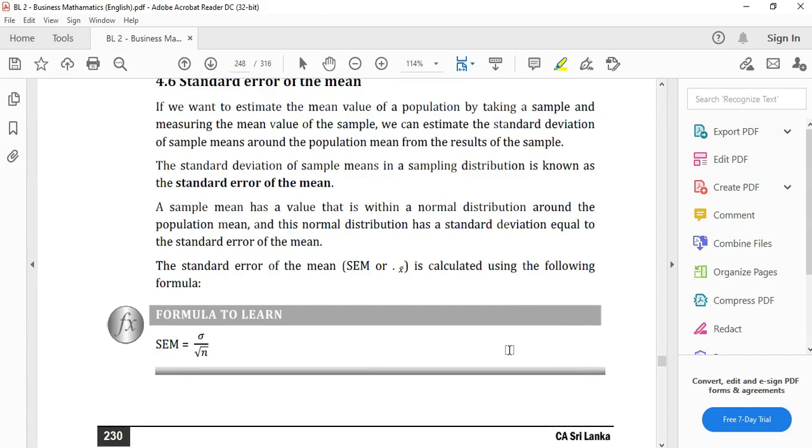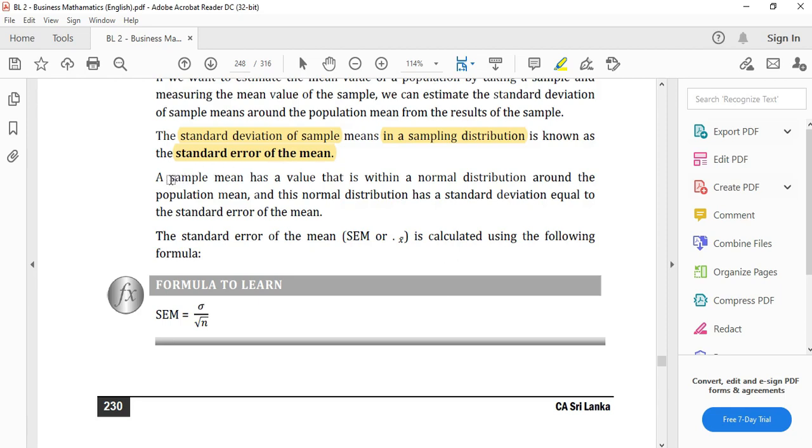Let's have a look at standard error of the mean. Now, standard deviation of a sample of the population. Not the total population, but a sample of the population in a sampling distribution, we call it standard error of the mean. Not in a normal distribution, but in a sampling distribution.